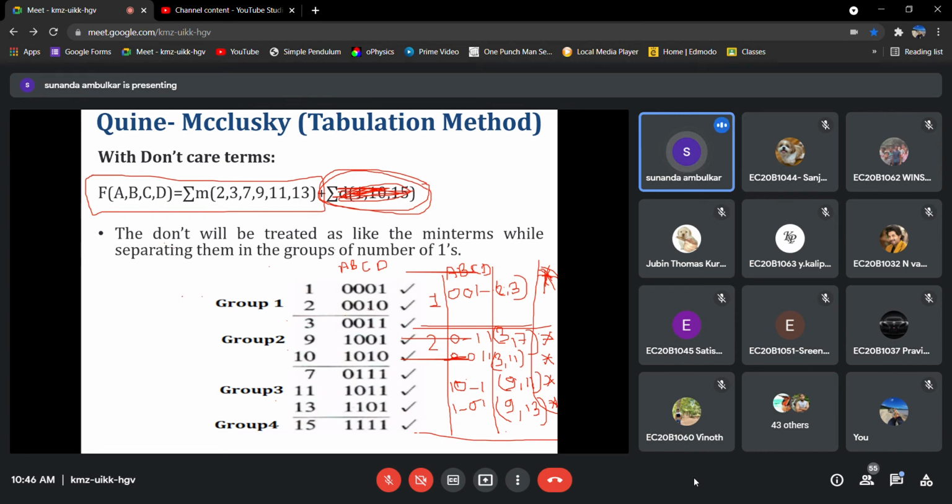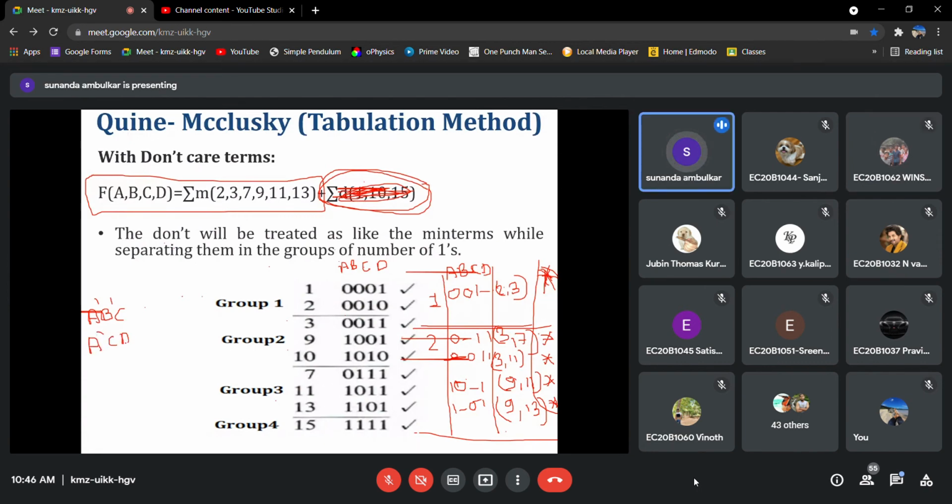So when it forms the prime implicants, what will be the prime implicants in terms of the variables? A dash B dash C. Next one is A dash CD.